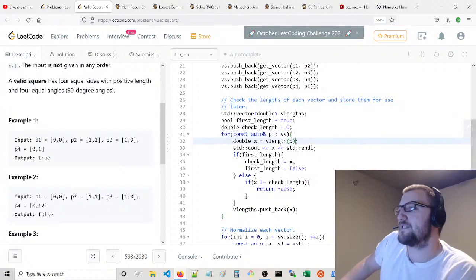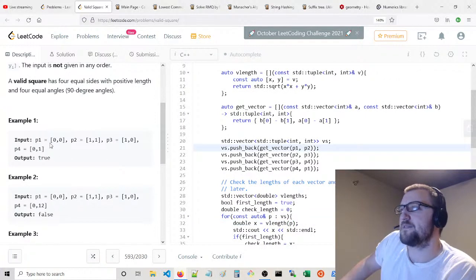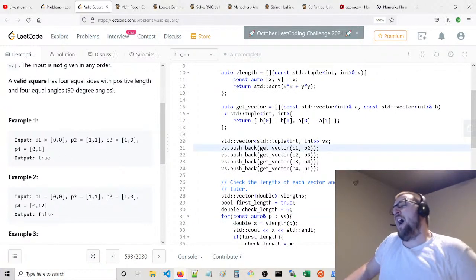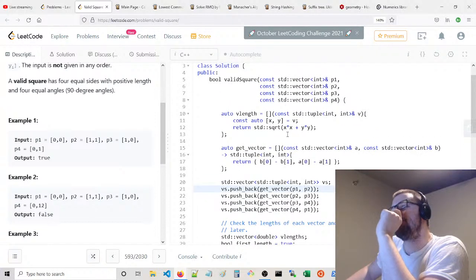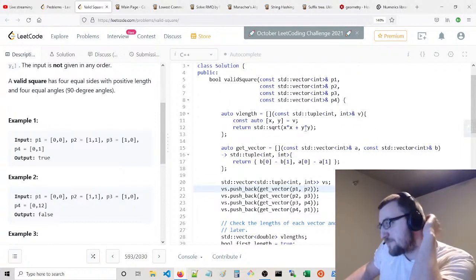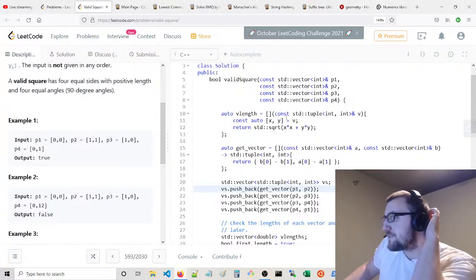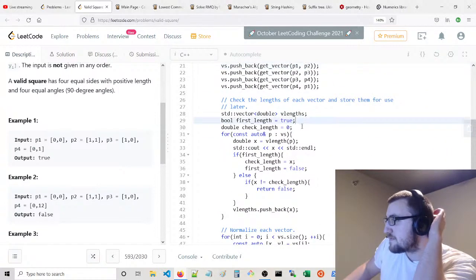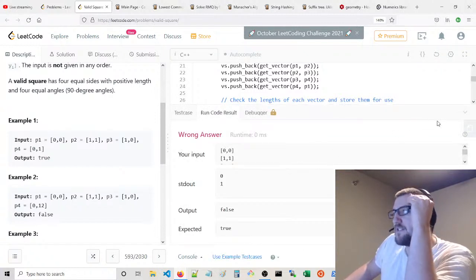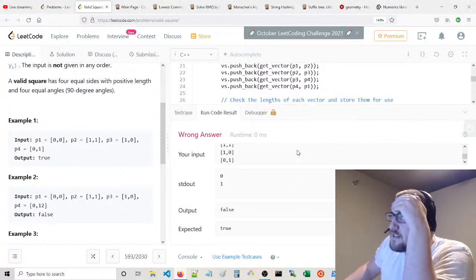So what's interesting is P1, P2 should have a length. Why doesn't the first one have a length?